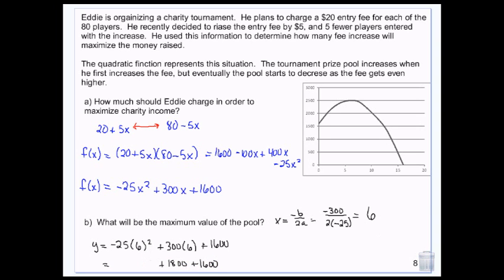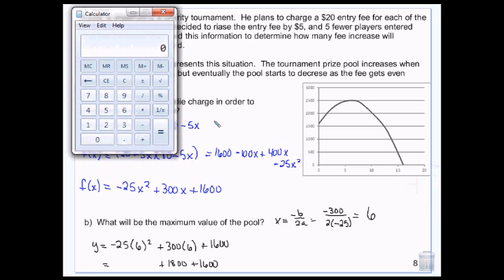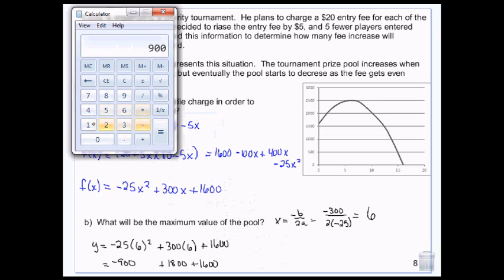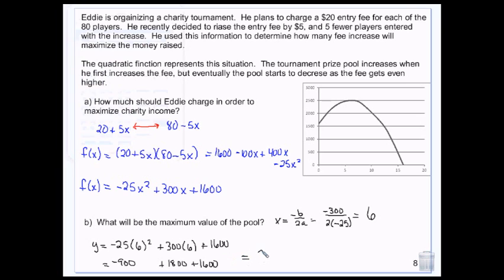Honestly, I can't do 25 times 36 in my head right now. So I have negative 900 plus 1800 plus 1600. So he's going to raise $2,500.